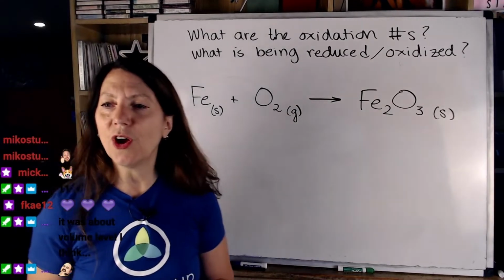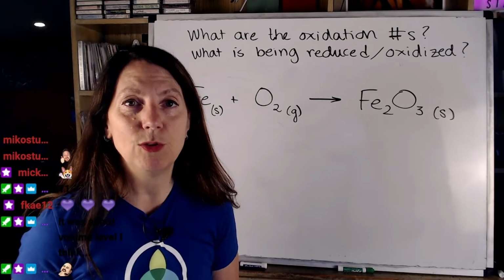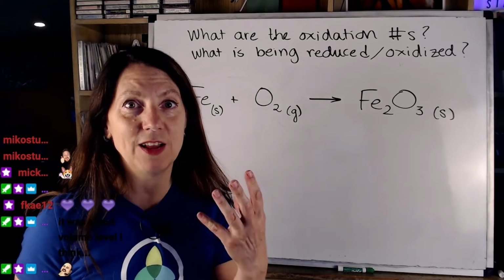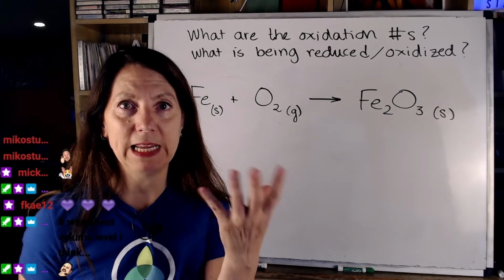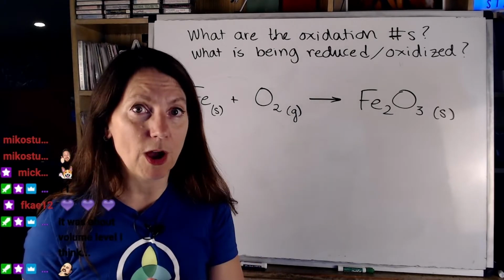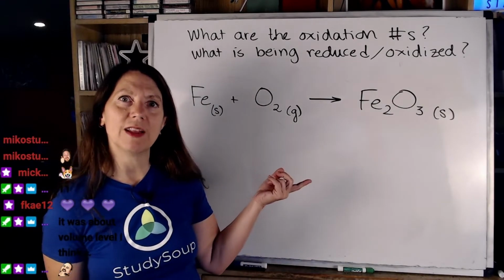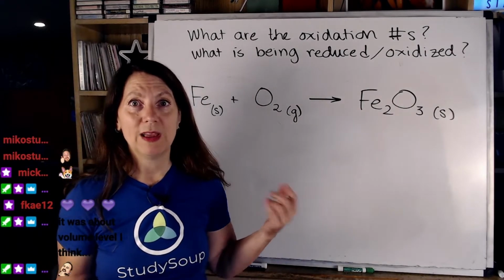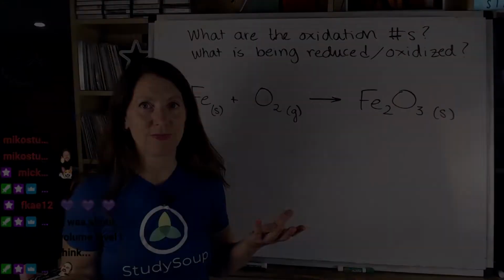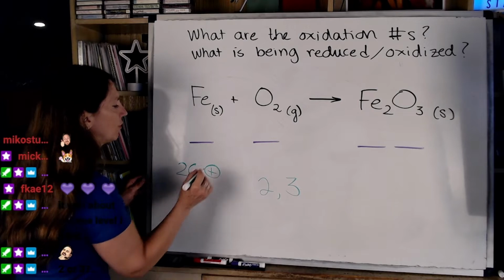Okay, so I had mentioned that if you know that any atom in its elemental form has an oxidation number of 0, then that's going to allow you to look at any chemical reaction and very quickly know, is this a redox reaction? I'll write it here. Okay, so 26 protons.